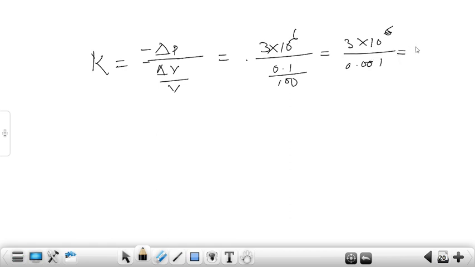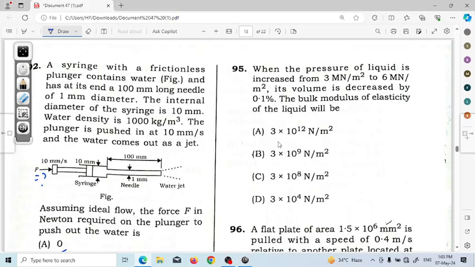So the answer will be 3 into 10 to the power 9 Newton per meter square. Option B is the correct answer.